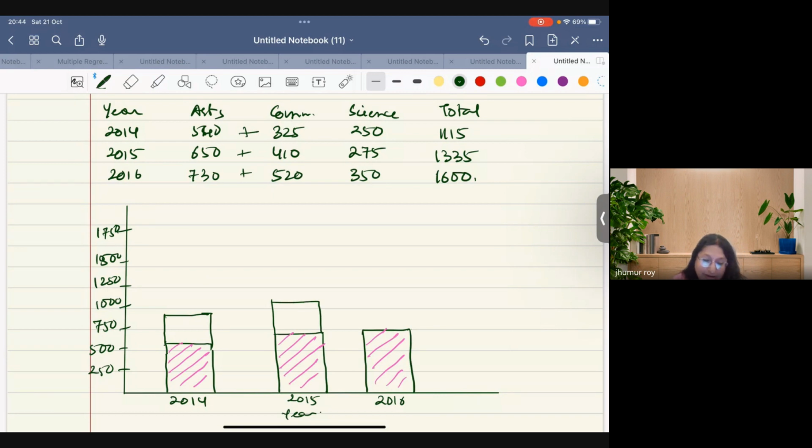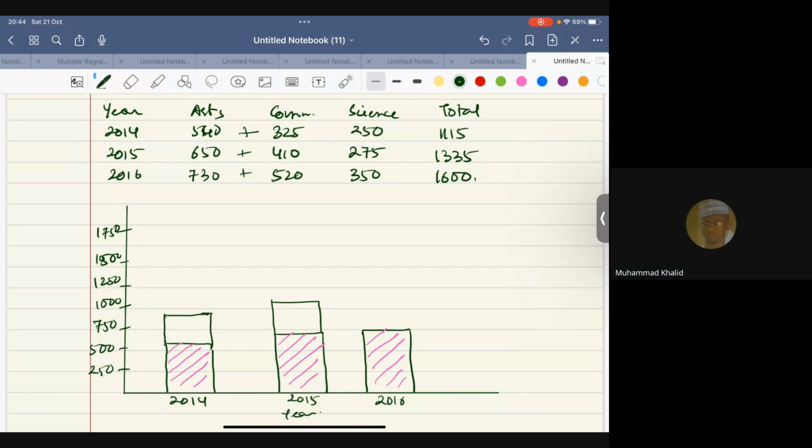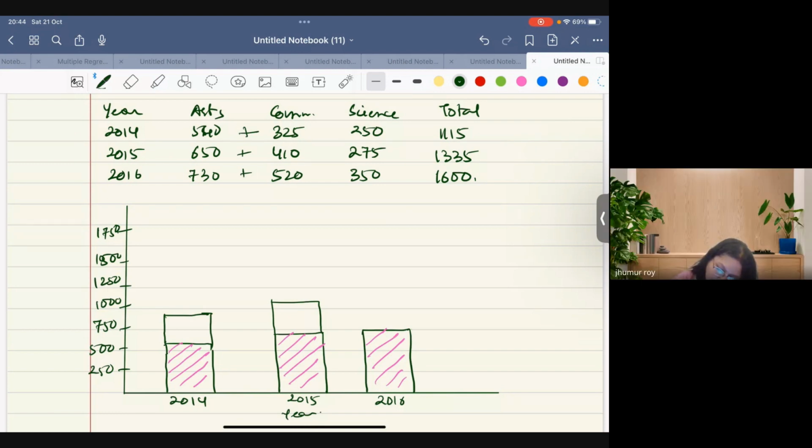For the third one, it is 730 plus 520. 1250. So we go here, it becomes 1250. Now for this, again, I will use another kind of design so that we can distinguish it.